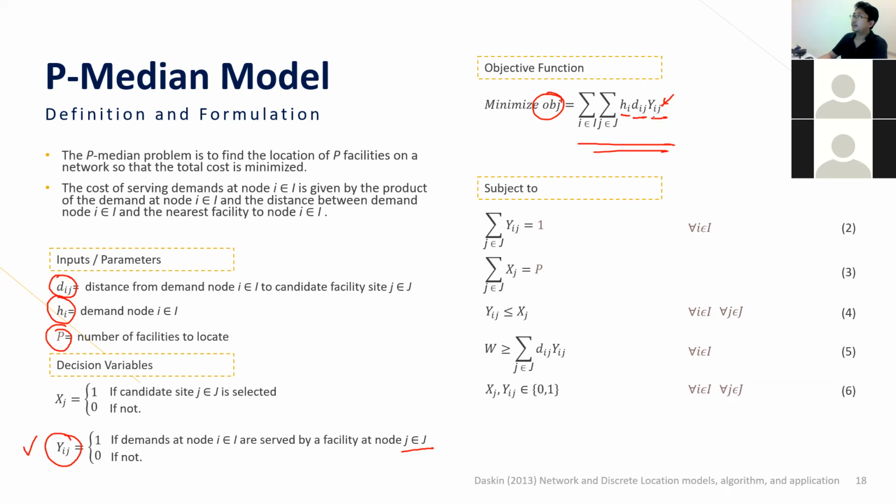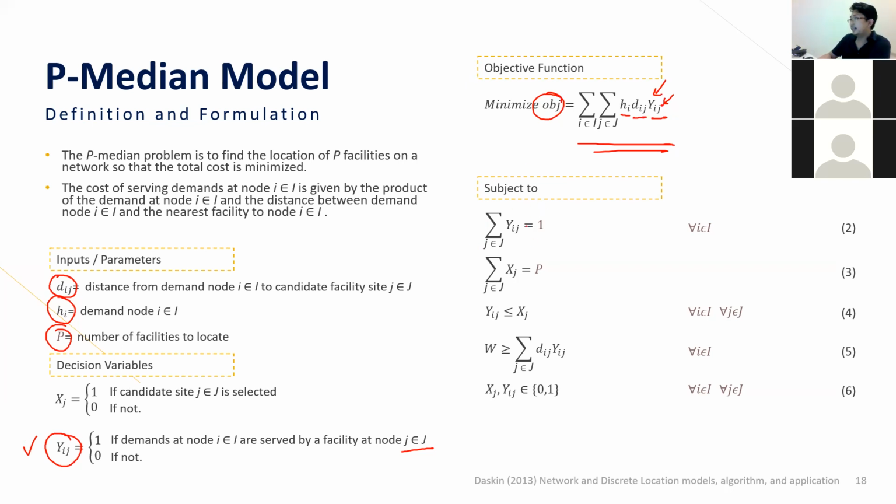Since we make sure only one facility can cover a demand node, this will make sure that only one arc will be taken into account for each pair of facility and demand node.